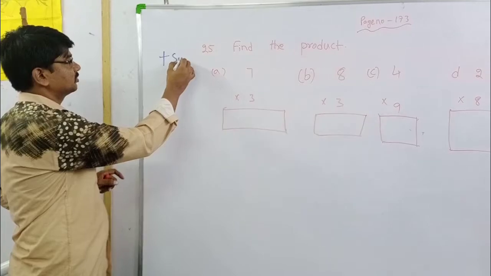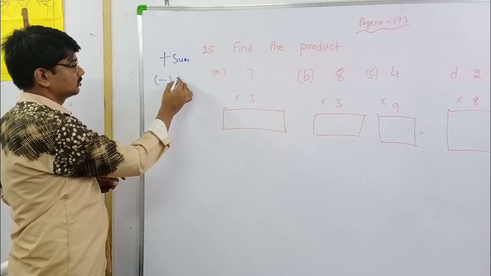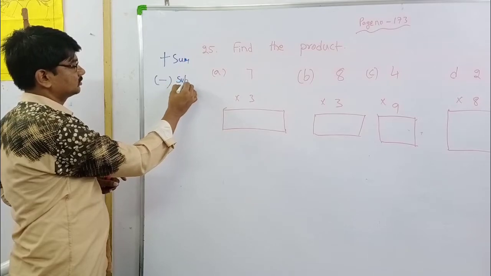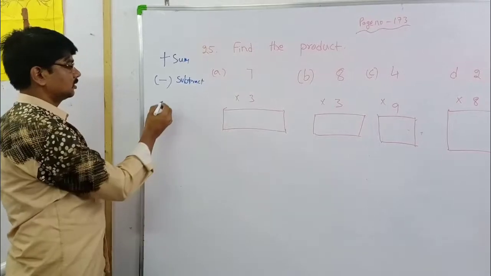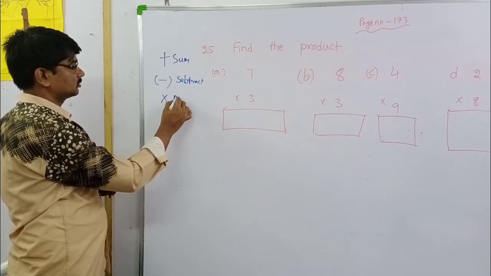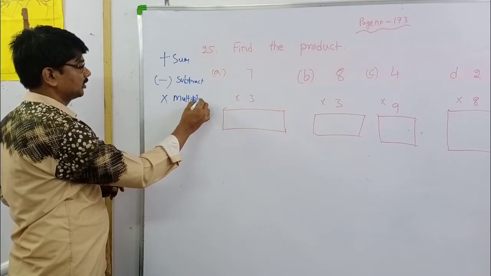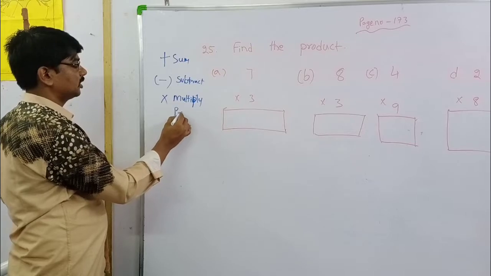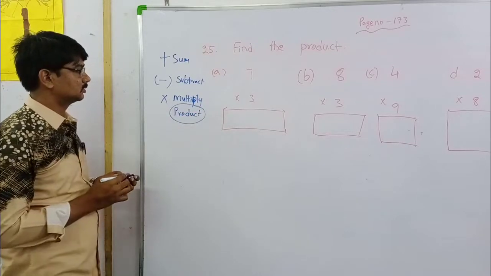This symbol is for subtract. Now this is for finding the product, or we can say multiply, or to find product. Okay.